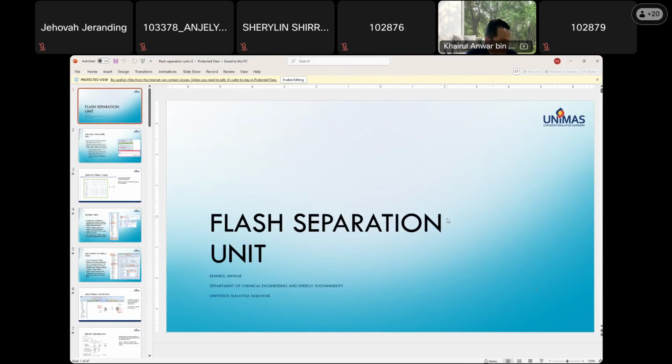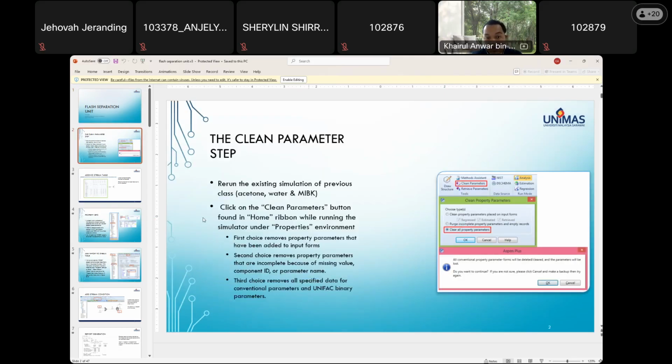Flash separation unit. If you refer to the book, it's page 99. So this is how you clean the parameter step.